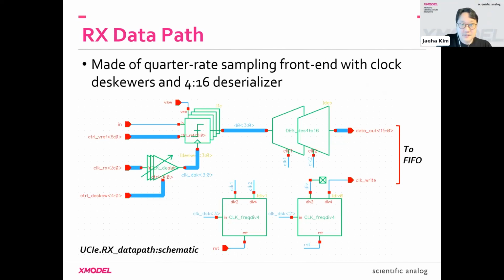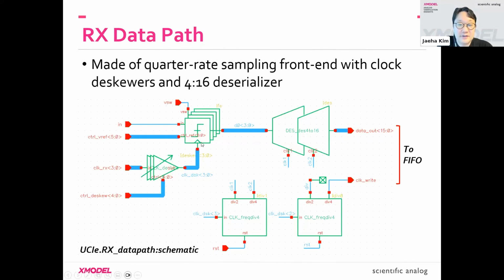Okay, so this is the high-level model of the RX data path. You have a set of samplers, or you can call them clock comparators, that will clock using the 4 phases of the RX clock. So it's a so-called quarter rate sampling receiver.